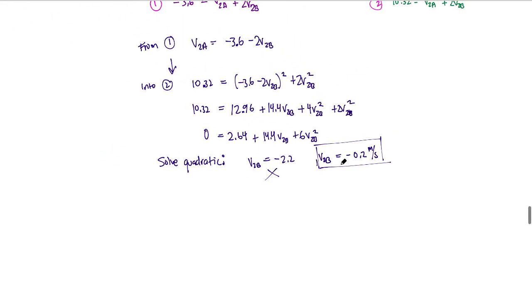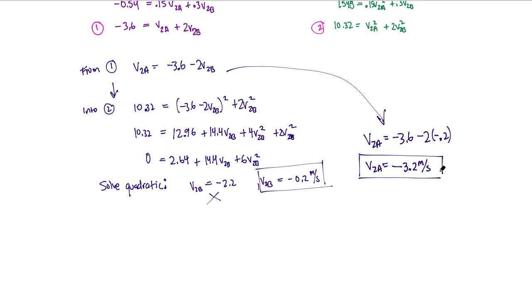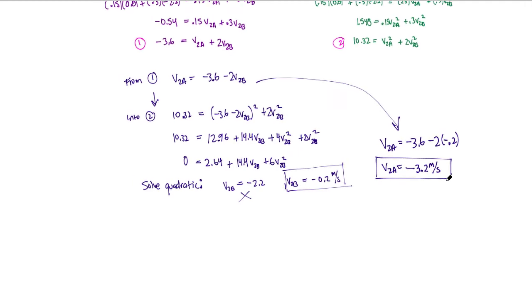Now I can go into equation 1, plug this in and solve for v2a. So v2a will be equal to negative 3.6 minus 2 times negative 0.2. So V2A appears to be negative 3.2 meters per second. Before we put an exclamation point on the end of this, let's make sure this makes sense.